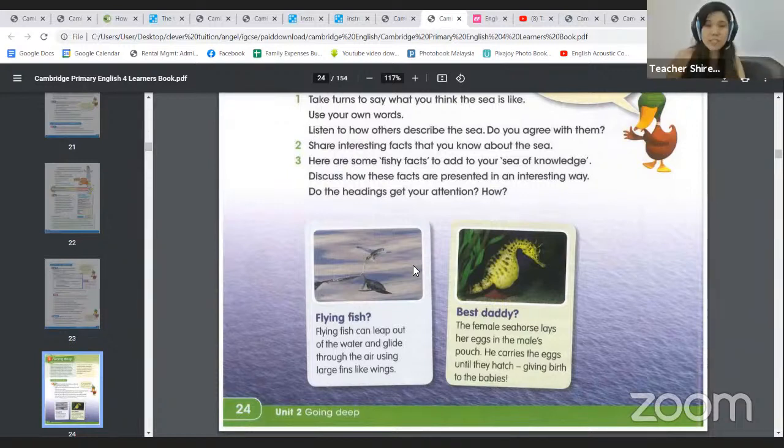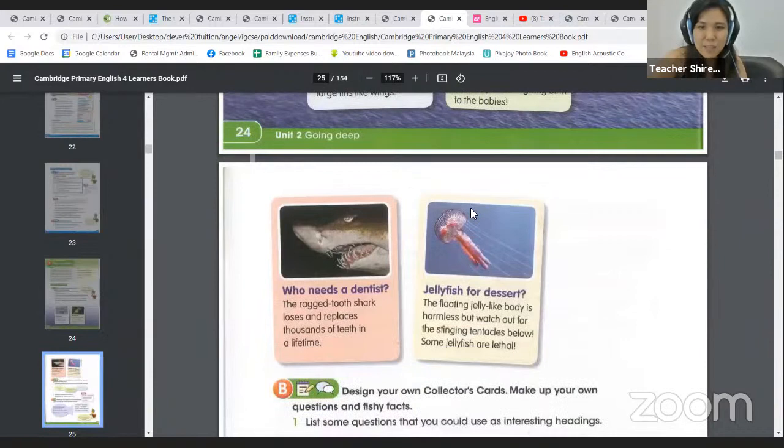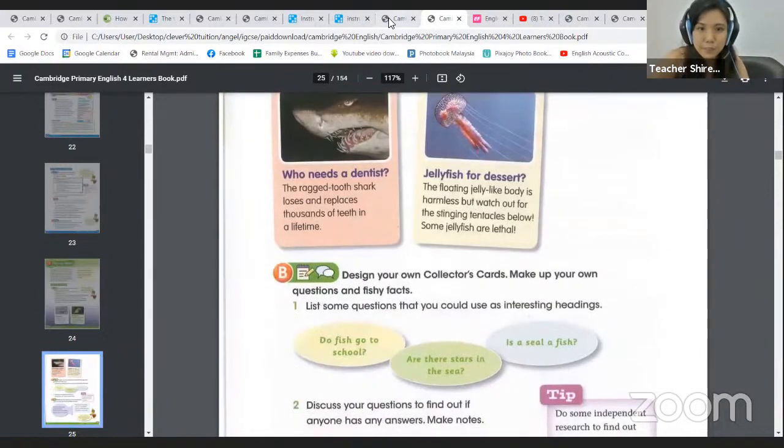A bird that can run? Ostrich. Fantastic, you pay attention. Fish that can fly? Daddy that can give birth? This is what we're going to learn next week.